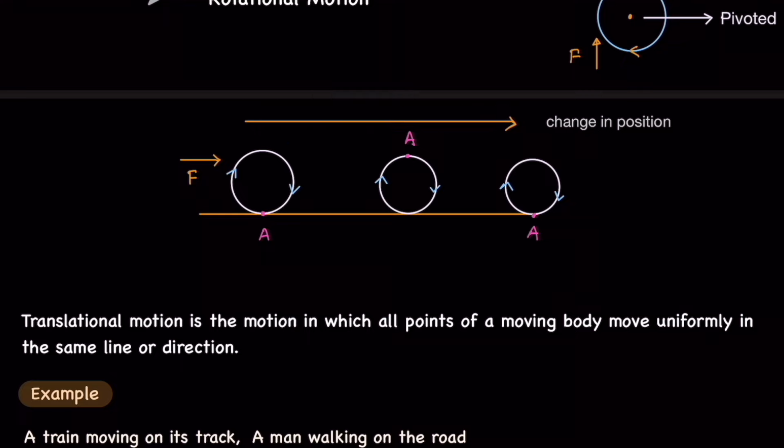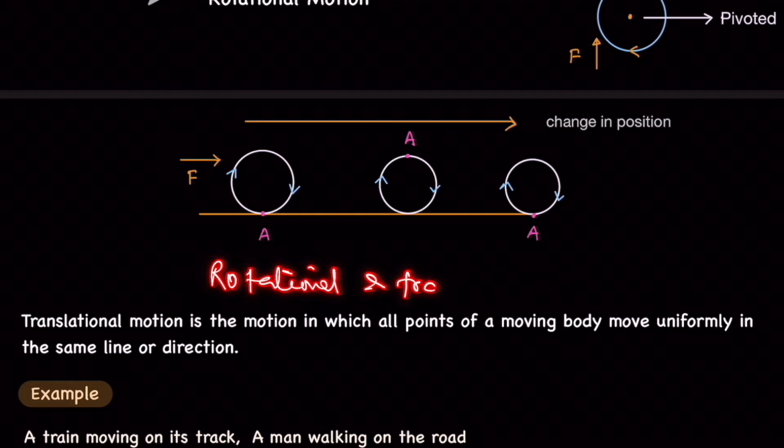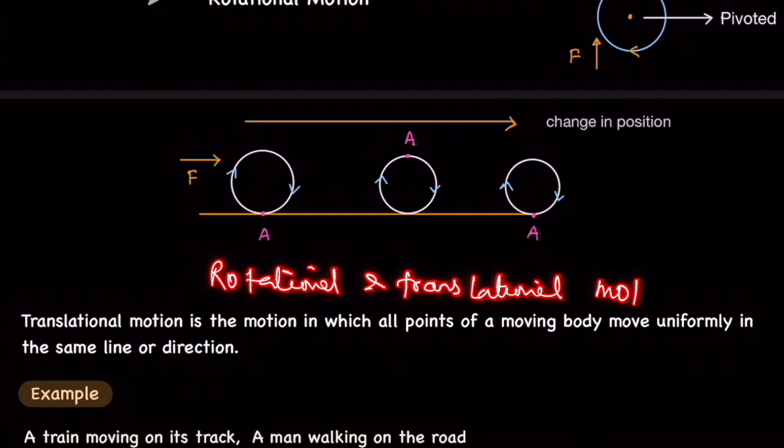Initially the body was at this position, and after that, the body reaches a different position. Parallelly, the body also starts rotating. The point A, initially touching the surface, after a certain time will reach this position, and then again it will come to the initial position. So here you can say that both rotational and translational motion take place.